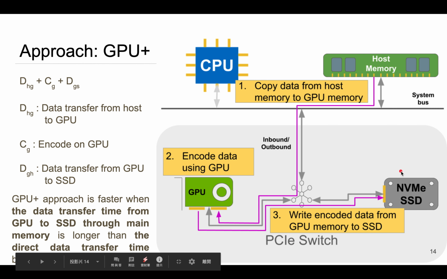GDRCopy is a library implemented based on the NVIDIA GPUDirect RDMA technology. It offers the infrastructure to create user space mapping of GPU memory, which can then be manipulated as if it was plain host memory. It sets the mapping between CPU virtual address and GPU physical address.